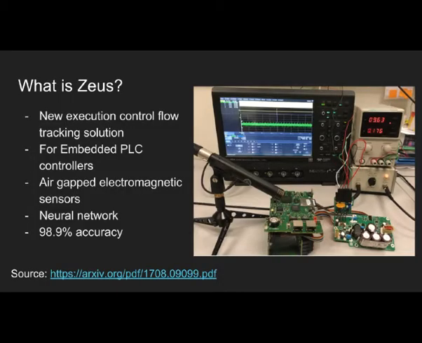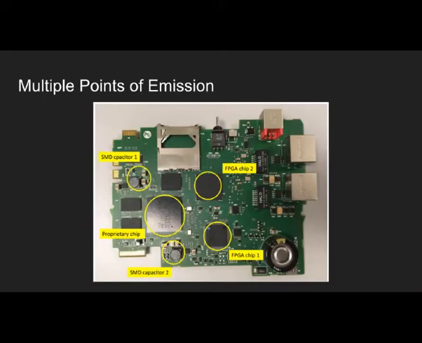One thing to notice on this setup is that you have the electromagnetic sensor pointed very close to the PLC board. Obviously this PLC is taken apart, in a very experimental situation, and we have it collecting the waves. The sensor is very close to a specific chip, and here they have highlighted multiple points of emission when the PLC is running the code.